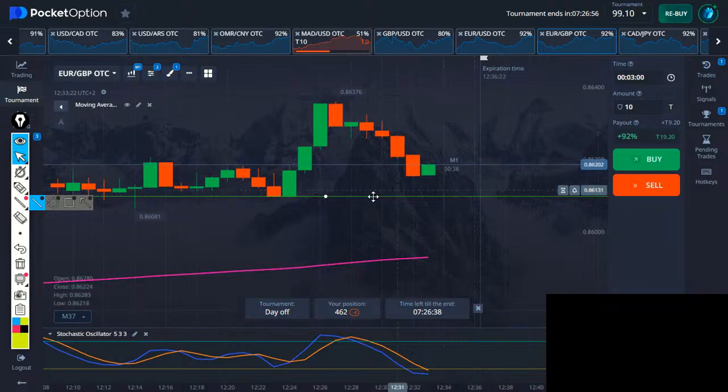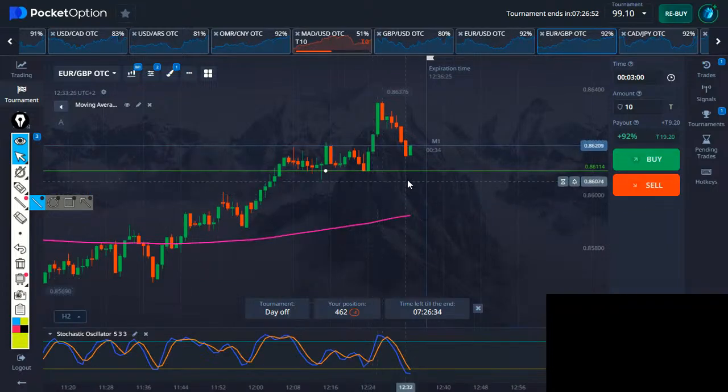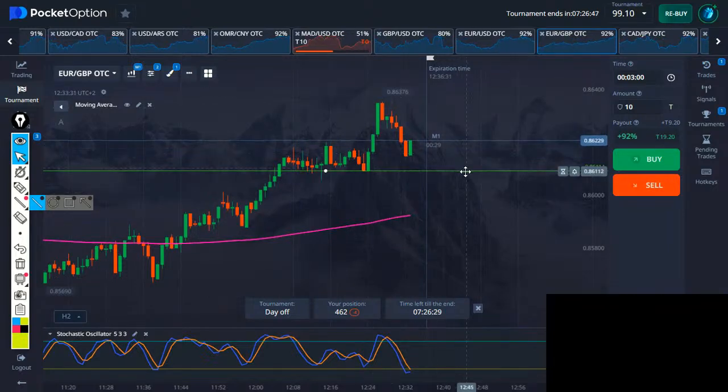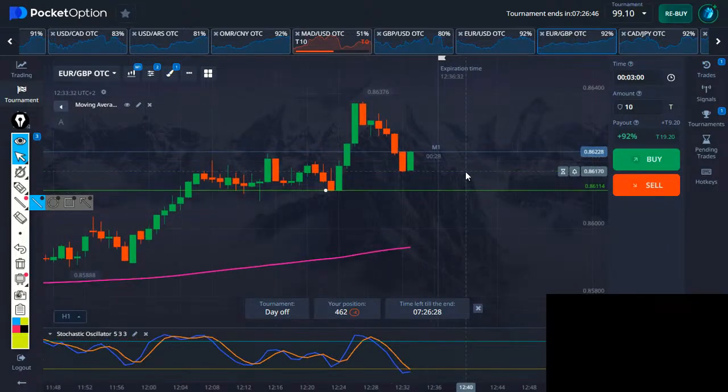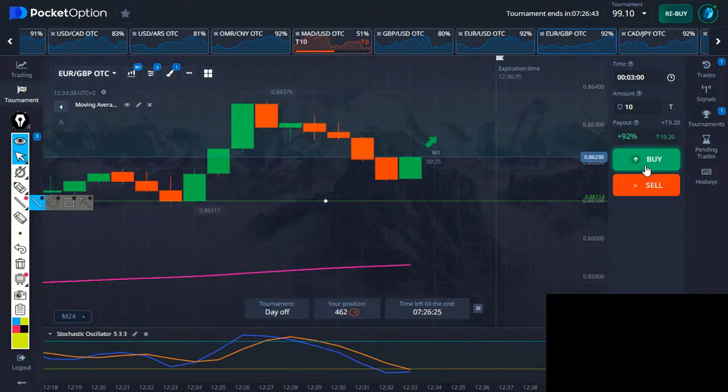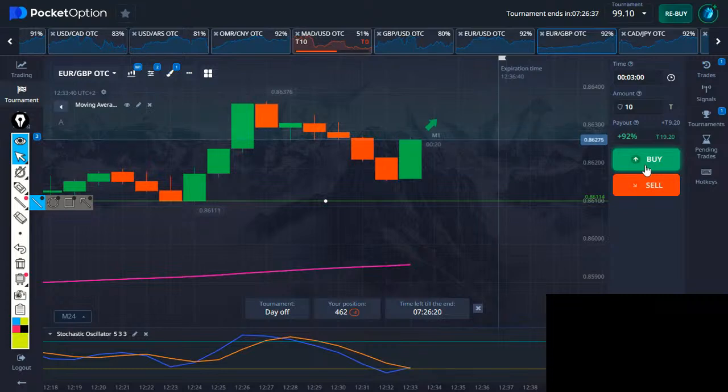If this closes in green, it means the pair couldn't make a lower low. Instead, it's gonna keep on pushing to the upside, most probably. I take two on this one. Nice. Nice momentum from the buyers.